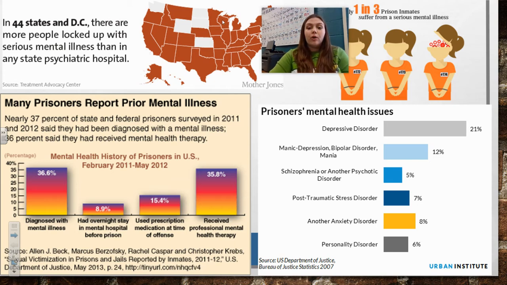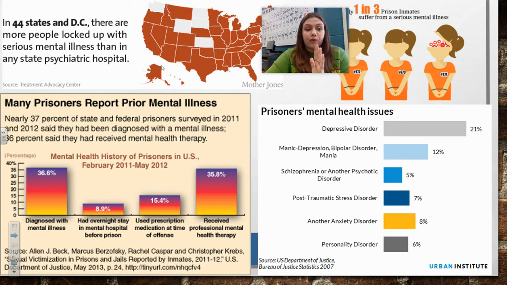Okay, let's begin. In this chart, it says that in 44 states and DC, there are more people locked up with serious mental illness than in any state psychiatric hospitals. What they're saying is there was a whole big program, I forget which year, I think it was the 70s, where the psychiatric hospitals shut down. We had a shift in our government funding, a lot of the psychiatric hospitals were shut down, and a lot of those people ended up going to prison instead.